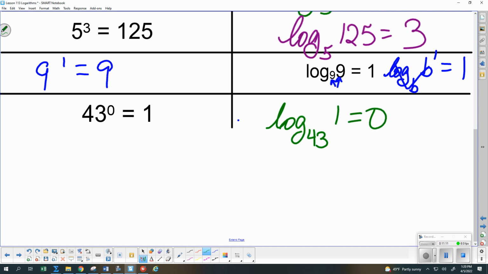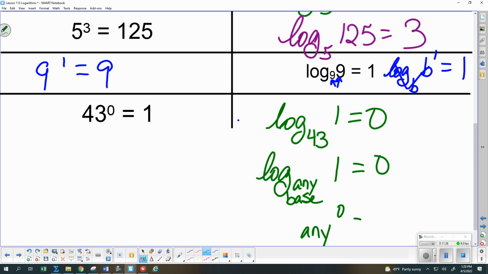And so what we're going to have, it is also going to be true that log of any base of 1 will be 0, because anything to the 0 will be 1, except for 0, and we're not allowed to have 0 as a base anyway on these. So are we good with that?